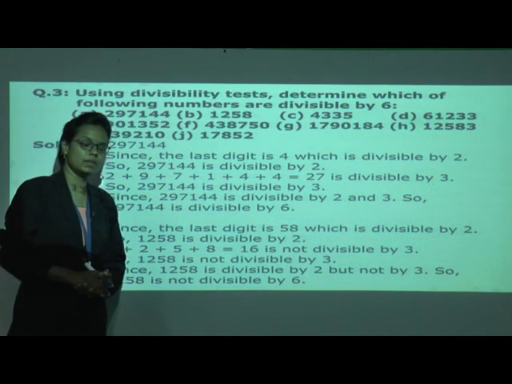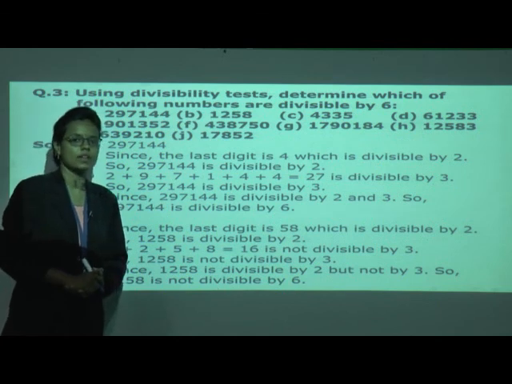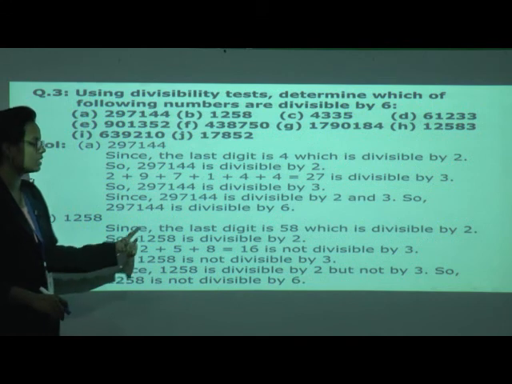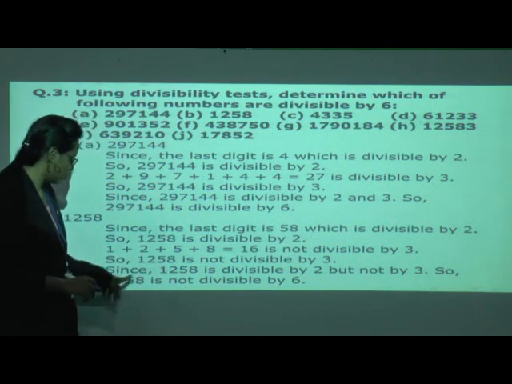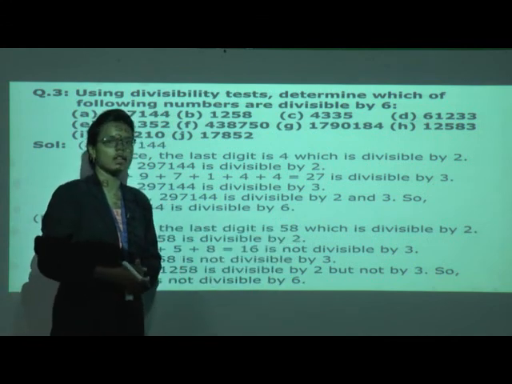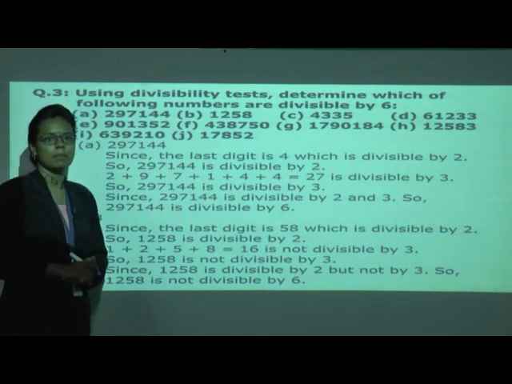Is 16 divisible by 3? No, 16 is not divisible by 3. So the number is divisible by 2 but not by 3, so the number is not divisible by 6.